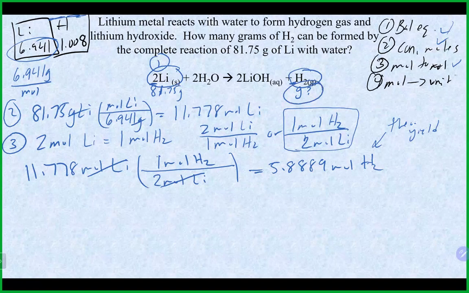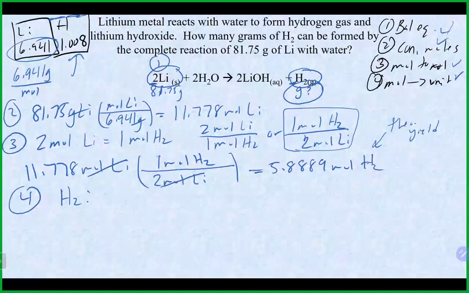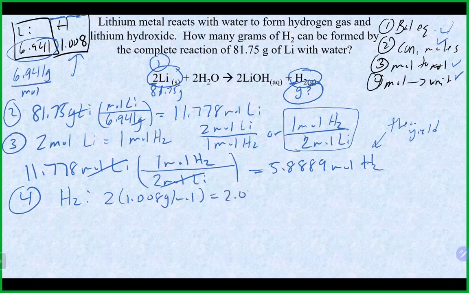This would be our theoretical yield here in moles, but in this case, we do want grams, which means we do need to do the 4th step here. We also need to remember that we have now converted over to hydrogen, so we need to go to the molar mass for hydrogen. And again, that is 2 times 1.008, going to give us 2.016 grams per mole. Again, we're going to use that as a conversion factor. 5.889 moles of H2.